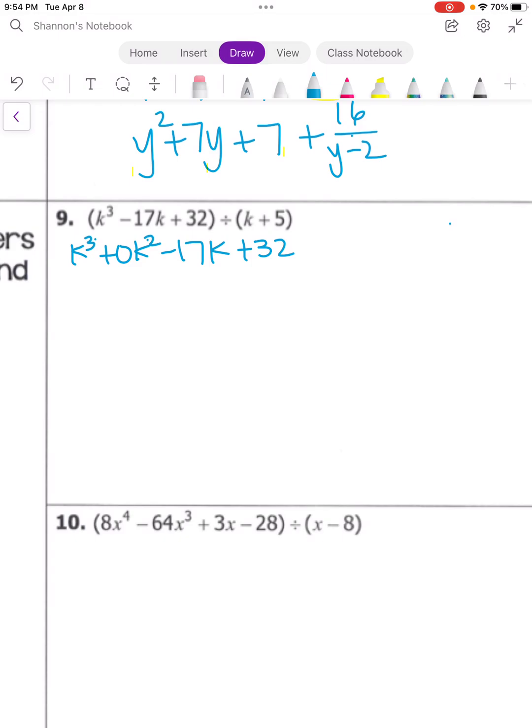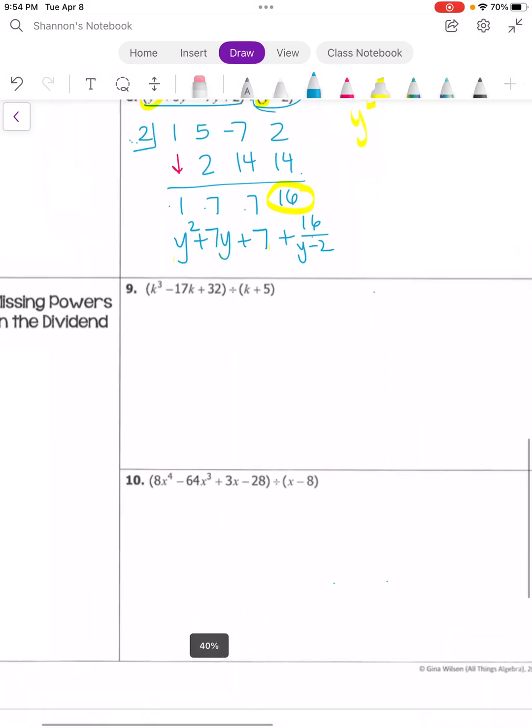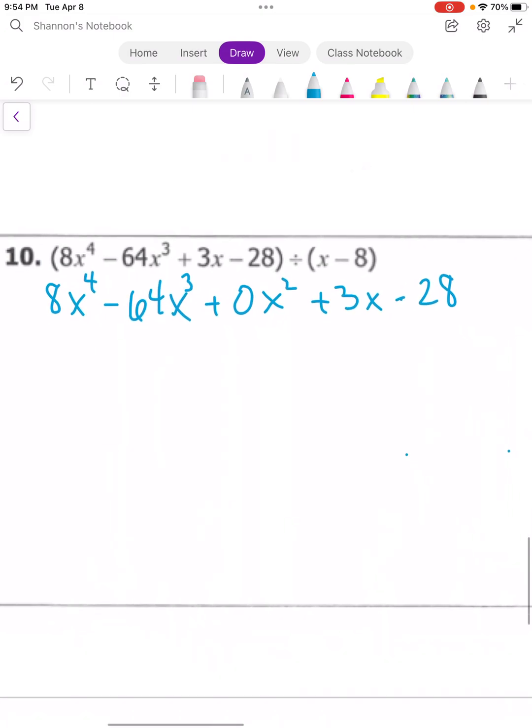So looking at number 10, I have 8x to the 4th minus 64x cubed. Next should be x squared. There isn't anything, so that's 0x squared plus 3x minus 28. And then we'll go ahead and do that one just because it looks longer for the one that I do.